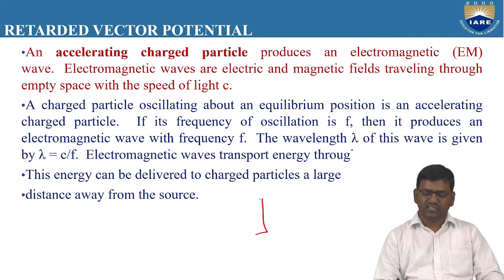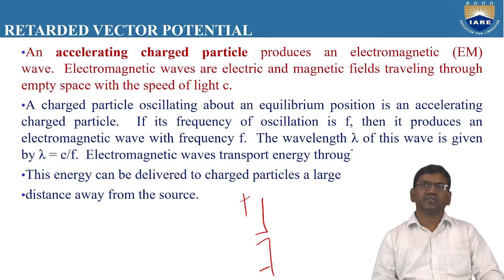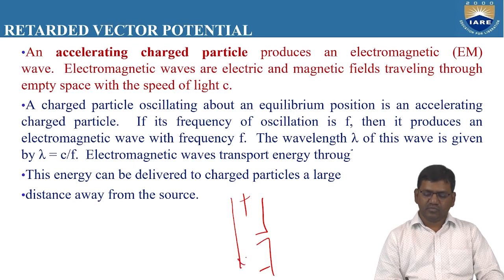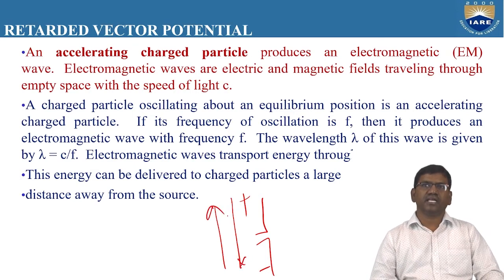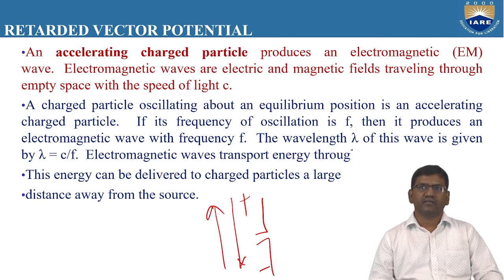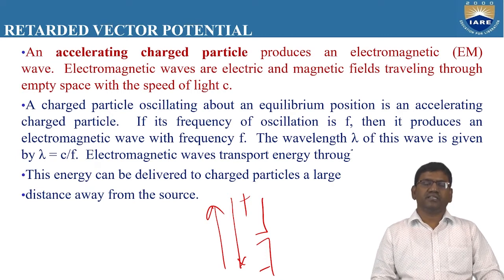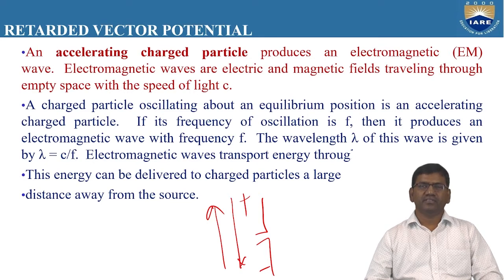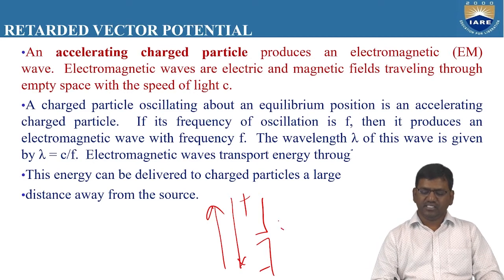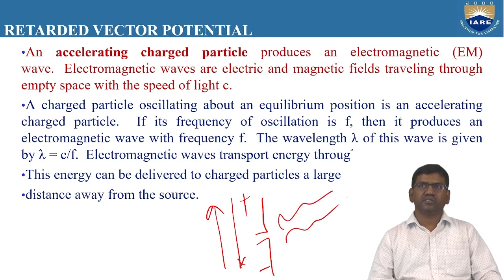If you take a conductor with a positive charge and a negative charge, and these charges with opposite polarities move in opposite directions at a faster rate, then radiations are produced. These radiations we call electromagnetic waves.